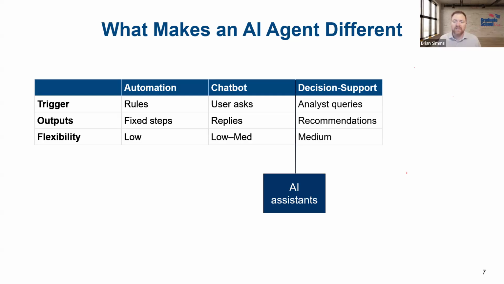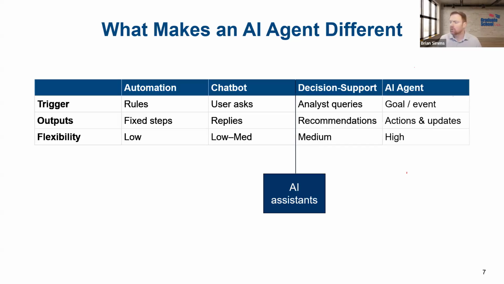But what's consistent is even the most capable AI assistants hand the decision back to you, right? It doesn't do anything on its own. And that's a really critical distinction that separates an AI assistant from an AI agent. So in summary, automation follows some rules. Chatbots respond to things that you prompt. Decision support tools inform humans.